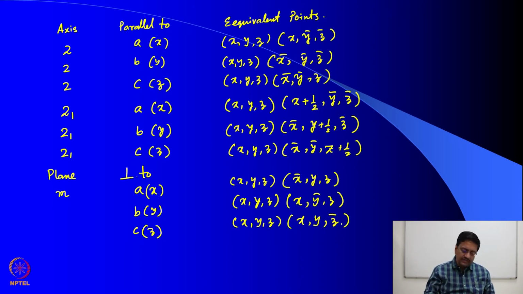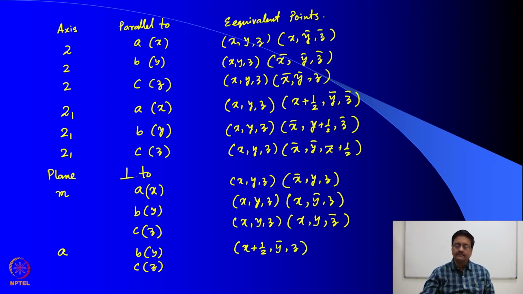Similarly, I'll just do it for A glide perpendicular to B, that is y, and perpendicular to C, that is z. When it is perpendicular to B, it means the translation is along A because it is an A glide, and the reflection is perpendicular to B, that means it is y bar. So it should become x plus half, y bar, z.